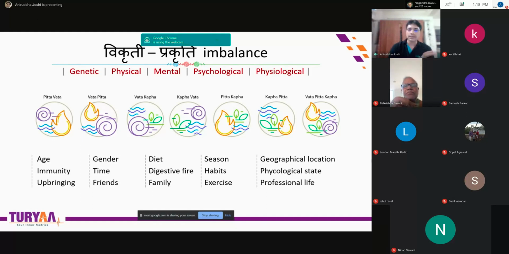It's not just Vata or Pitta or Kapha. It usually comes in a dual Prakruti combination. People are either Pitta-Vata or Kapha-Pitta, and so on. Those things are changing continuously with respect to age, your digestive habits, your exercise, your friends, your upbringing.